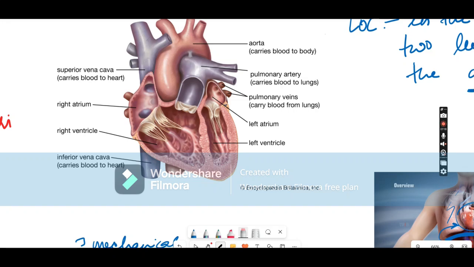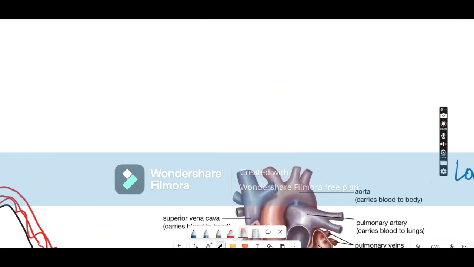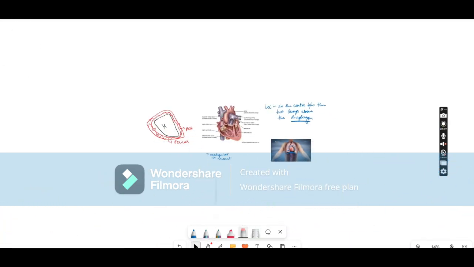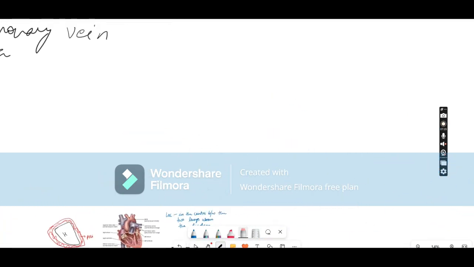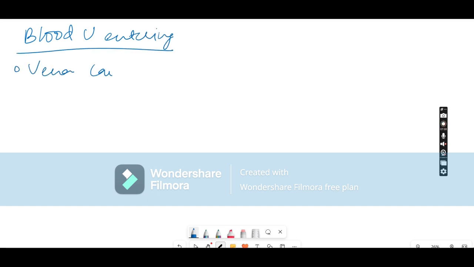Now, let us talk about the circulation of blood in heart. But before that, we will talk about the blood vessels entering the heart and the blood vessels leaving the heart. Now, blood vessels entering the heart, we first have the vena cava, which further has two parts, that is superior and inferior vena cava.